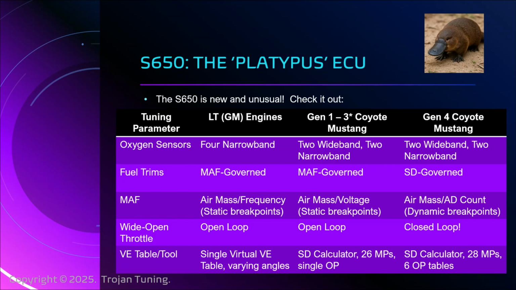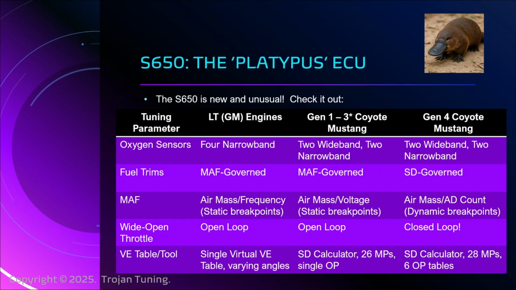What if we make it SD governed like its cousin, the F-150, which we sell more than 10 times the amount of as we do Mustangs, and those F-150s are all speed density governed. So why are we killing ourselves making the Mustang different? Let's just do the same so we get massive economy of scale on building these engines, right?